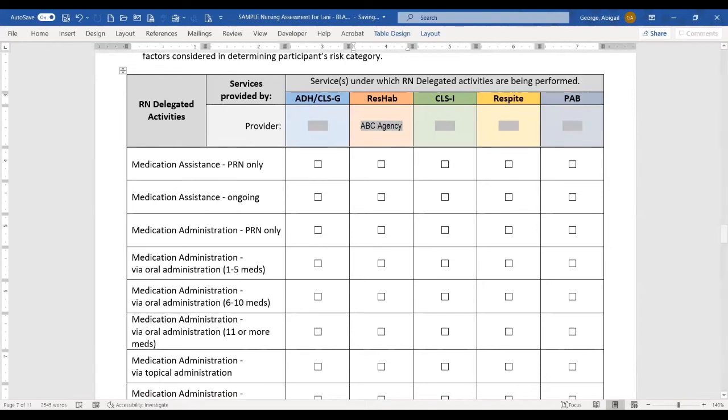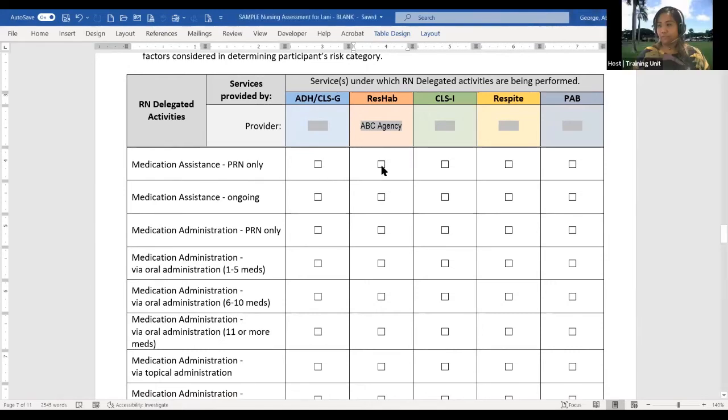And then, like CJ had mentioned, there's medication administration. Which medication administration would we check off in worksheet A? Ongoing. Yeah, ongoing.